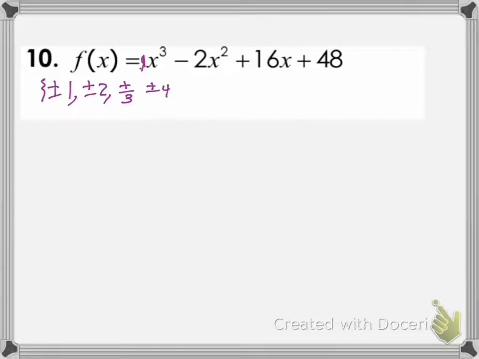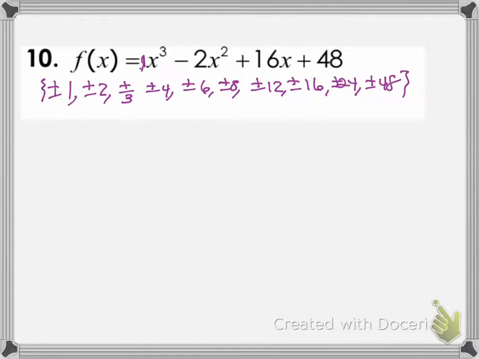Plus or minus 4, plus or minus 6, plus or minus 8, plus or minus 12, plus or minus 16, yikes, plus or minus 24, and plus or minus 48. There we go. Yikes. So, yuck. Let's see. Let's try some of the other things, see if we can reduce.